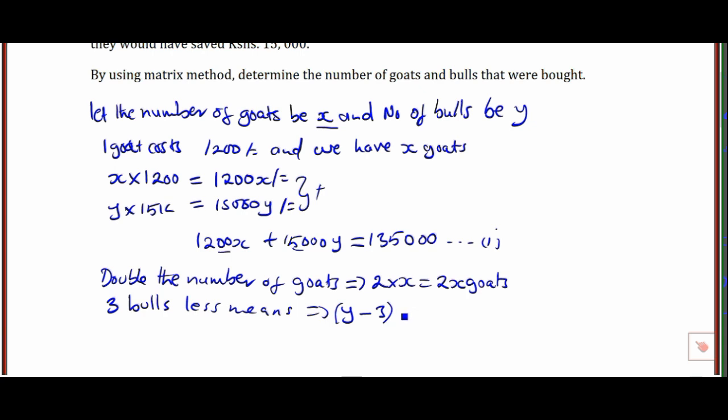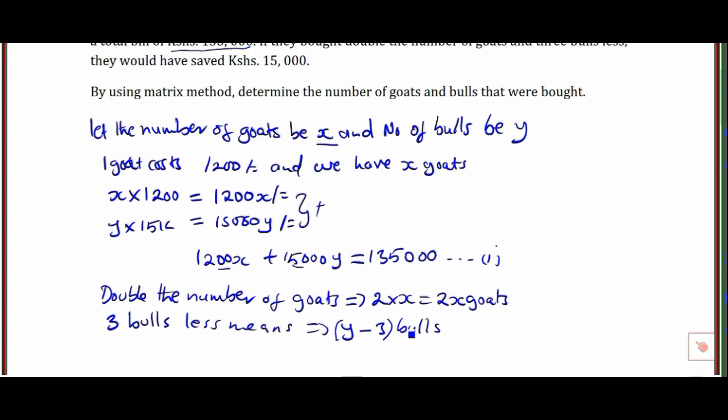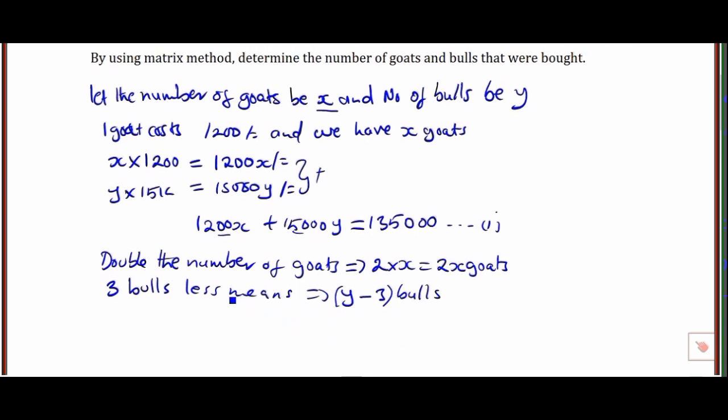So this is the expression for the number of bulls 3 less: y minus 3 bulls. If they were to do this transaction, double the number of goats and reduce the number of bulls by 3, they were to save 15,000.